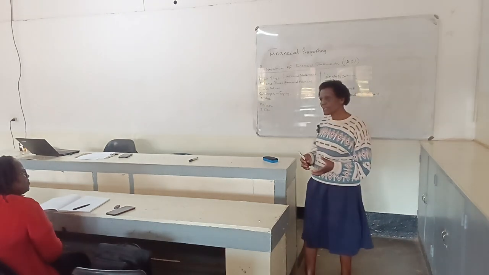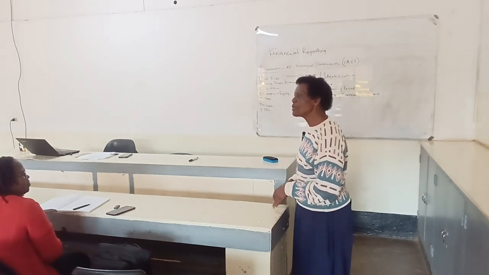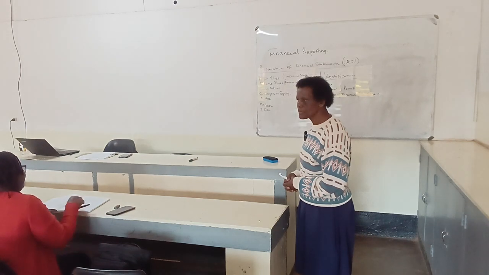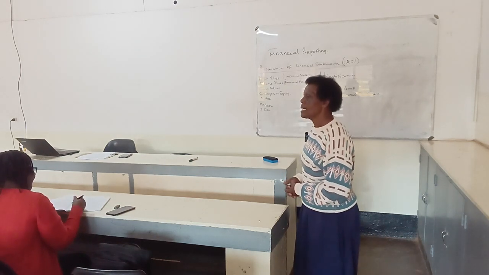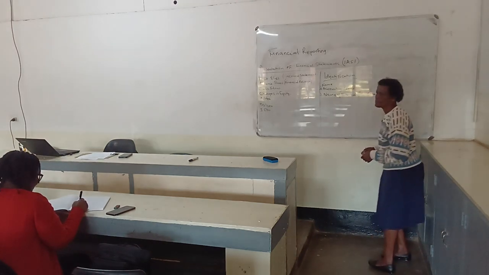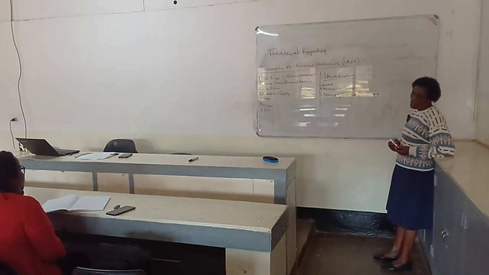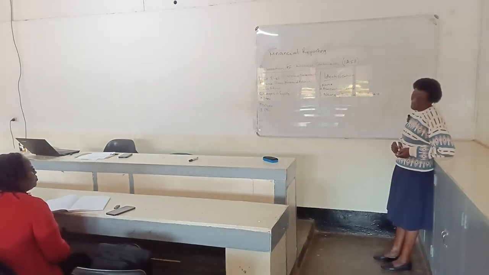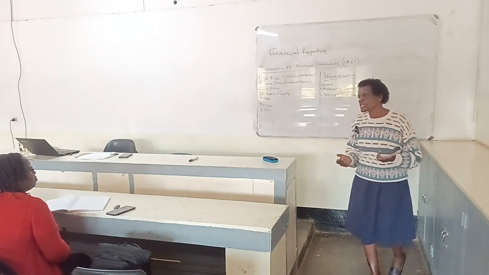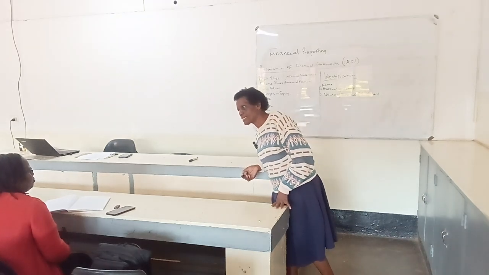As accountants, you're supposed to know materiality. It's one principle that an accountant has to know. Materiality will, of course, be based on organization to organization. For example, some things the organization will not take as very important, others very important.